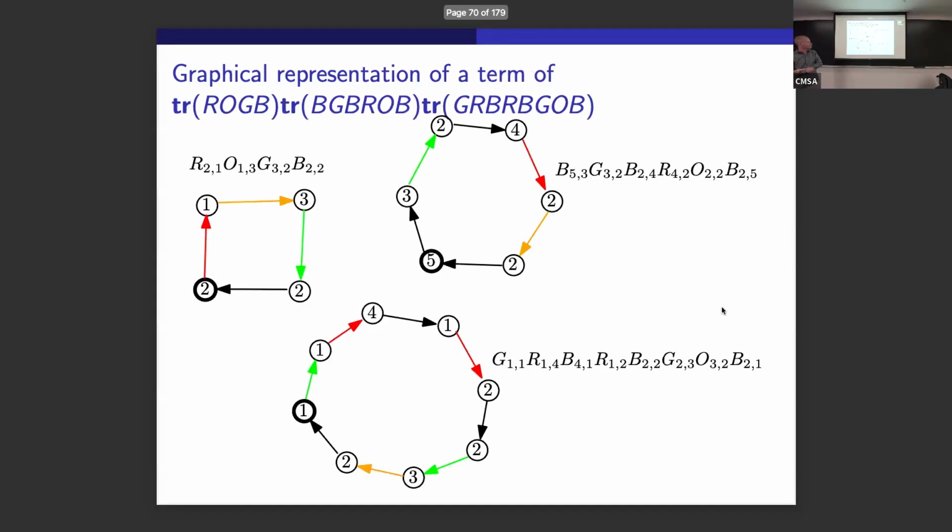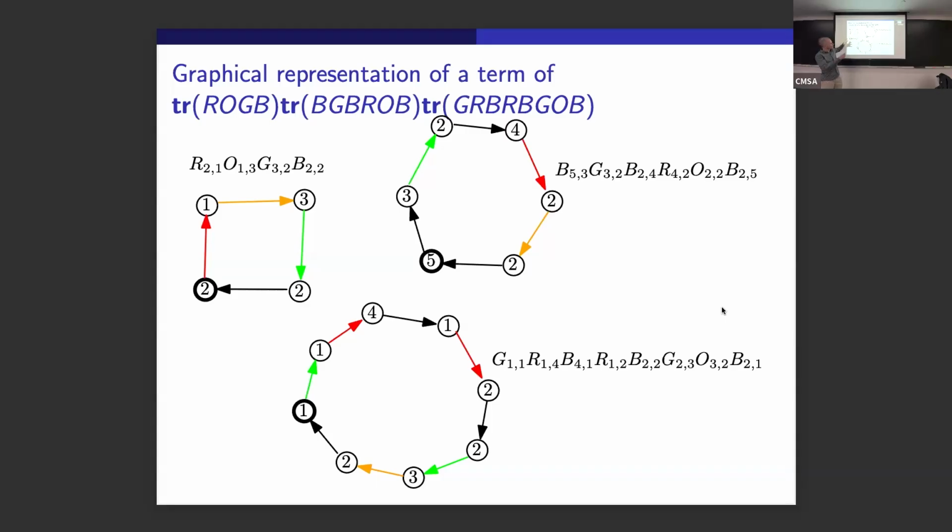But I can also think about more than one matrix. Here, you can imagine that I have 4 matrices. I'll label them R, O, G, and B for red, orange, green, and black. And now if I want to do a product like the one that showed up there with some word in these crazy colored matrices, then I can represent an element in the expansion of that product, same way as before, except that now each of these edges comes with a color.